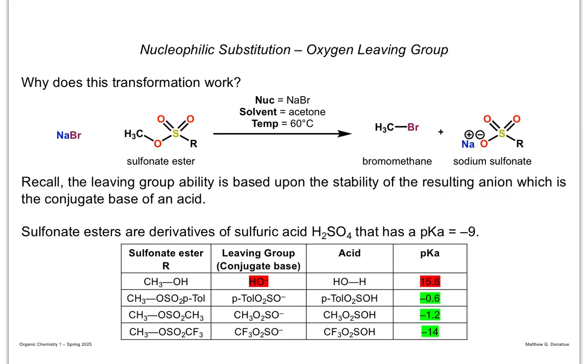So why is it a good leaving group? In this reaction, say we have sodium bromide. So NaBr, the Br is negatively charged, so that's a nucleophile.